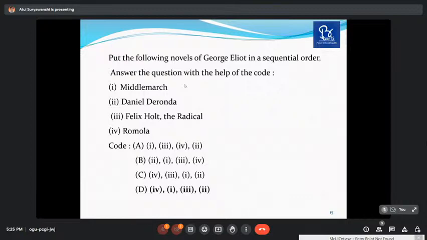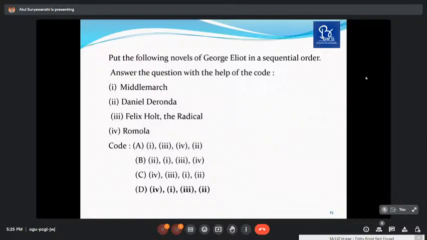The fourth, Romola, is the first. Then the second is Middlemarch. Then the third, Felix Holt the Radical. And then the second, Daniel Deronda, are the options. So this is very important when we study literature from the competitive point of view, my dear friends.